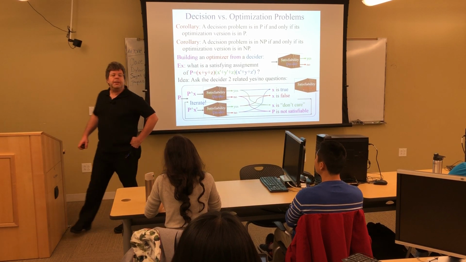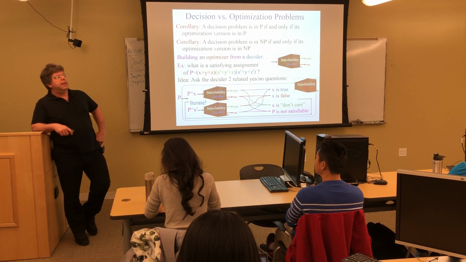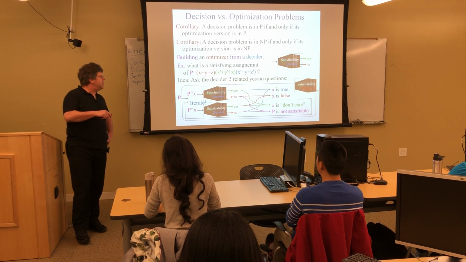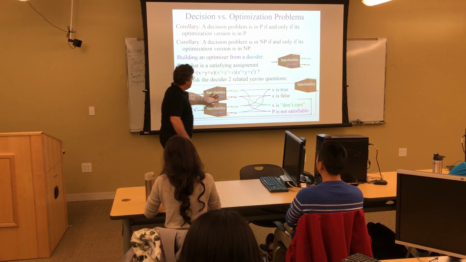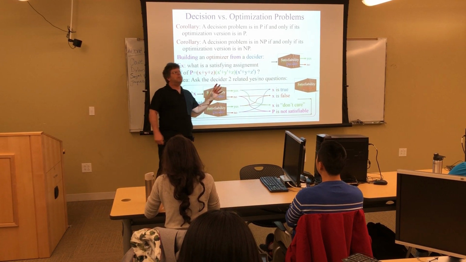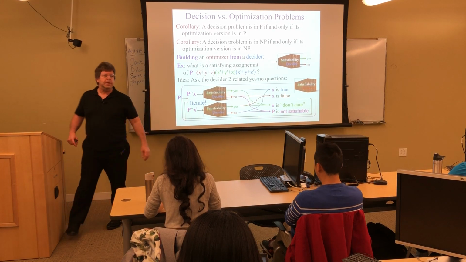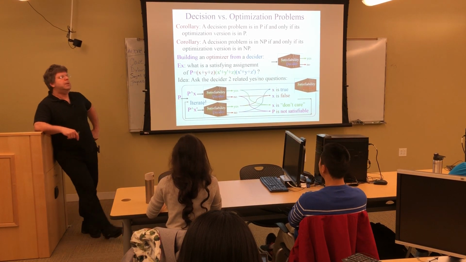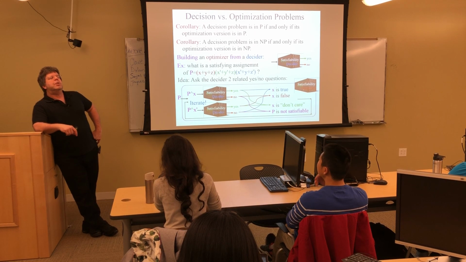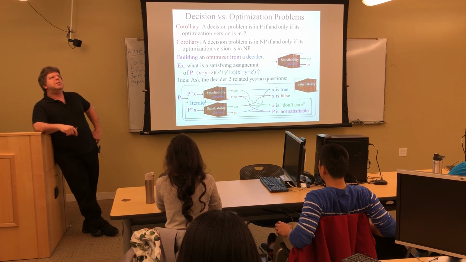And sometimes they're not. Even for problems in P, you can do this as long as you call this a logarithmic number of times, or some sub-polynomial number of times. So computing an answer and checking an answer is not necessarily the same complexity.